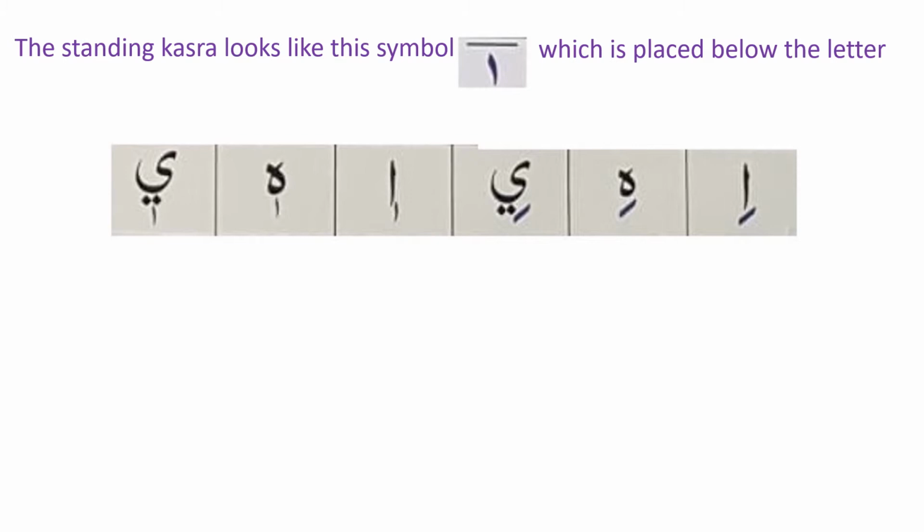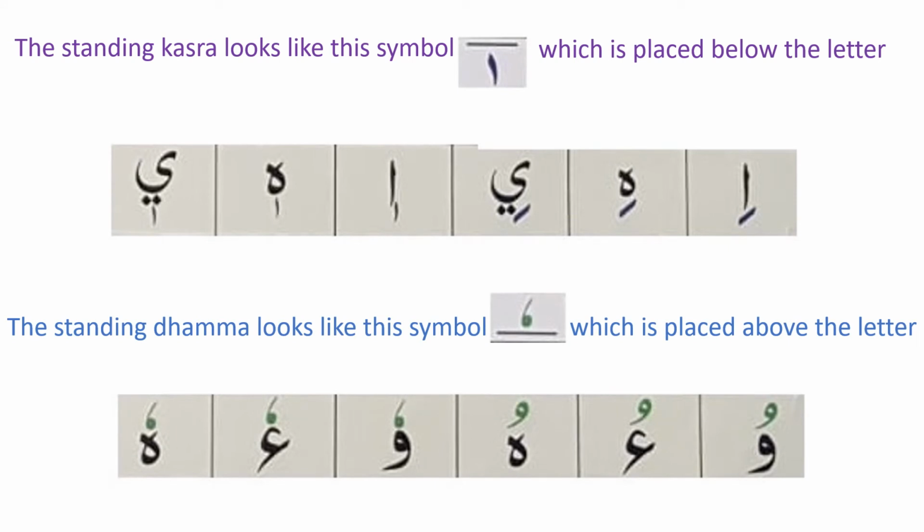On one side of this rectangular box, we have the normal kasra. Alif kasra i, ha kasra hi, ya kasra yi. On the next side, we have the standing kasra. Alif standing kasra i, ha standing kasra hi, ya standing kasra yi. So let's read them together. I, hi, yi. I, hi, yi.